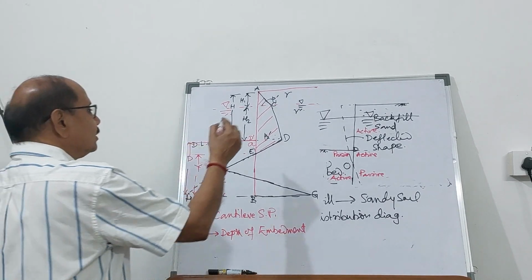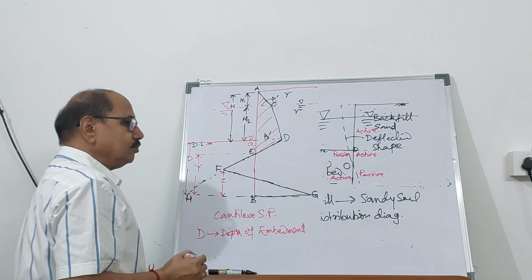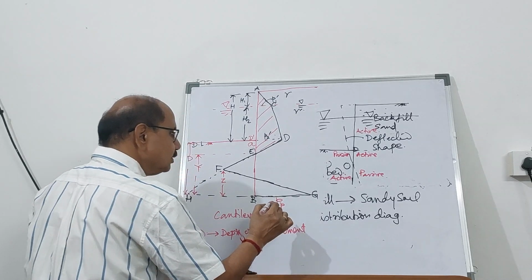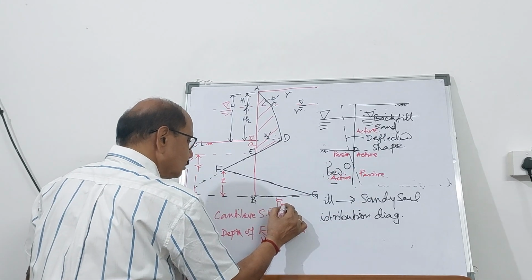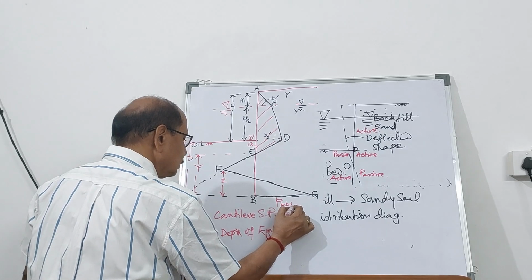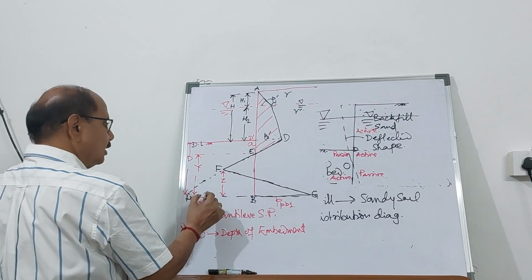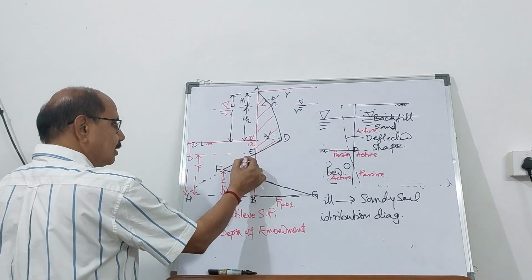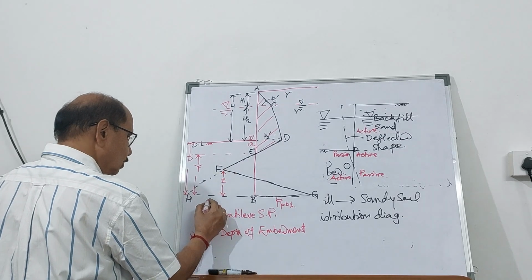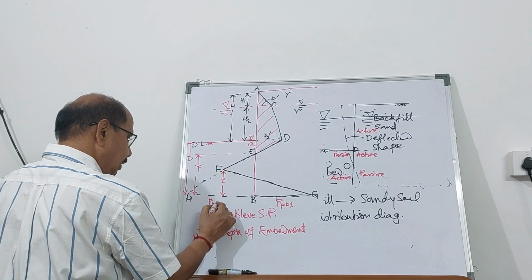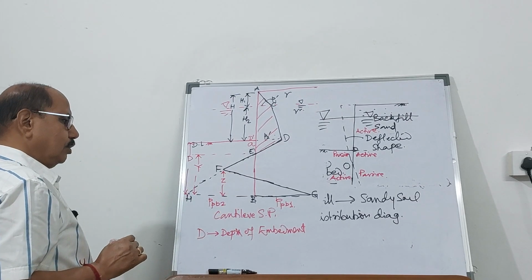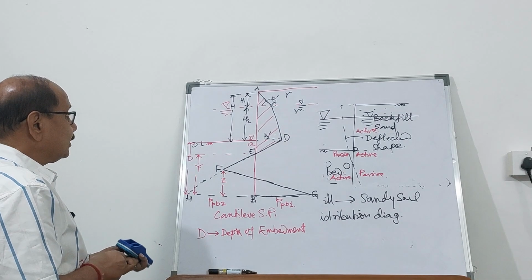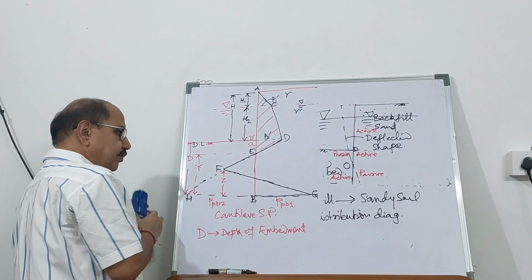So how to find out this P1 prime, P2 prime? Let's say this is PP B1, and this side, this line has been extended further. So this is going to be PP B2. So let's calculate it. Very simple way we can calculate it.